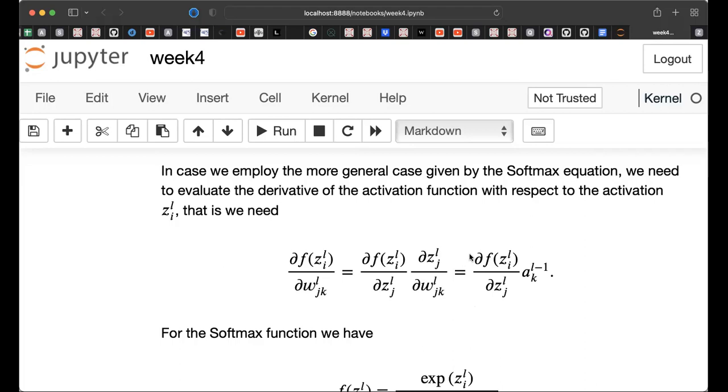So the quantity which you see here, this df with respect to z, is something which will vary from function to function. So when you write a neural network code in an object-oriented fashion, clearly what you would do then would simply be to set in a specific class of activation functions and their pertinent derivatives.